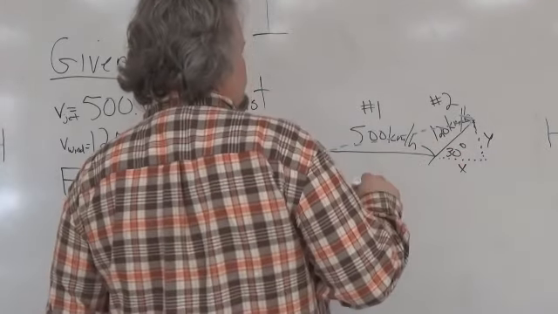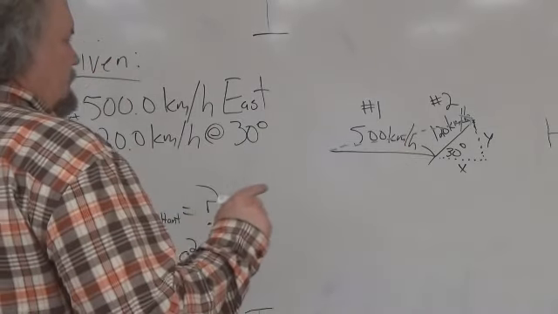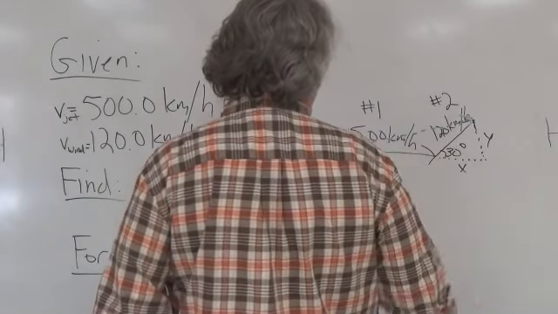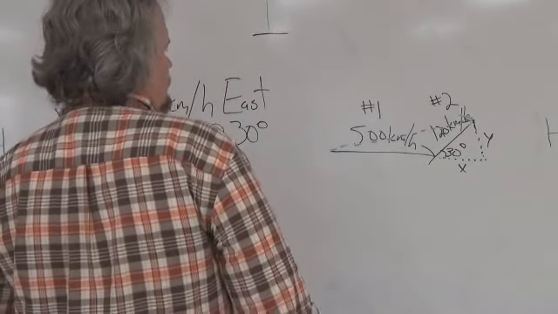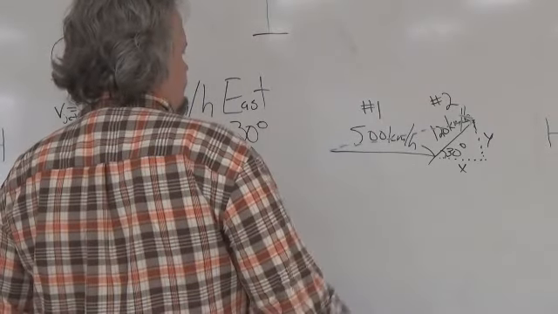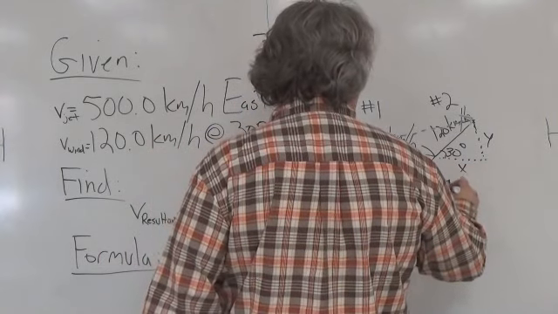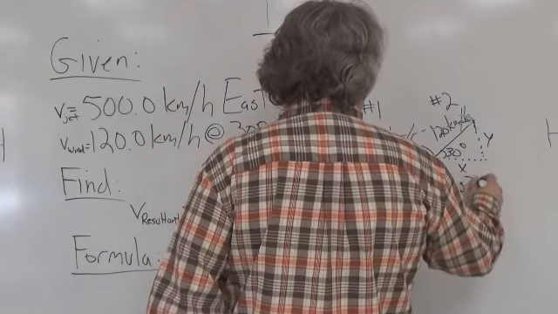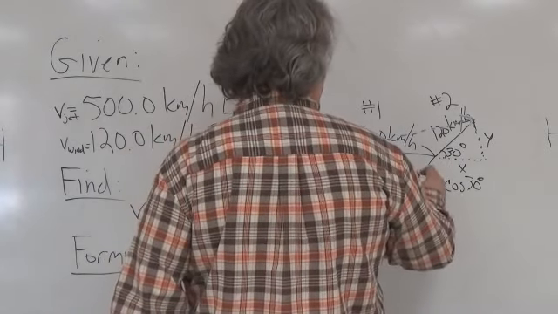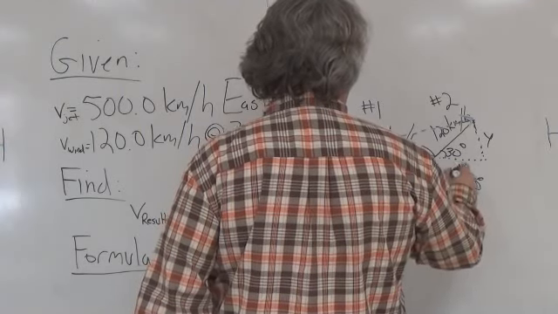When we did this before, we always had to see which do we use, sine or cosine. The angle is coming off of the x-axis, so this is adjacent, so we're going to use cosine. If I want to find this component, I'm going to go cosine 30 degrees times the hypotenuse, which is 120 kilometers per hour.